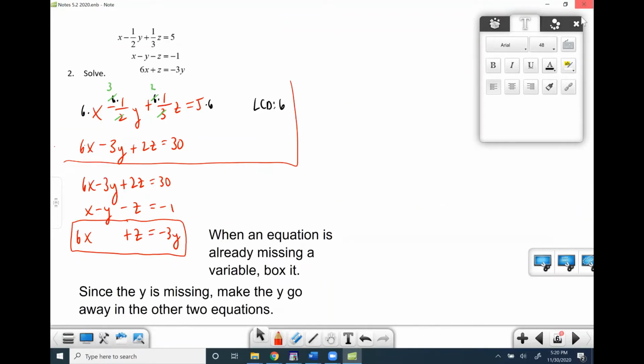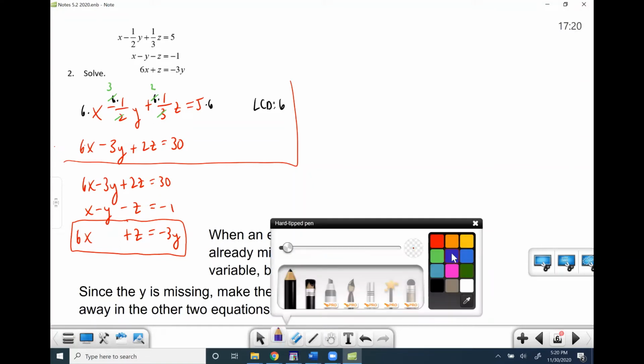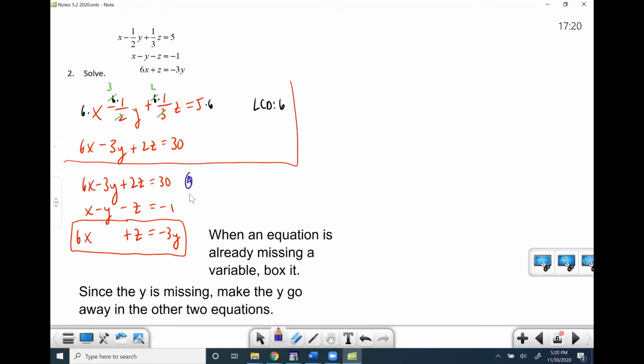So here we go. All we need to do is put together equation A and equation B and make the y's go away.